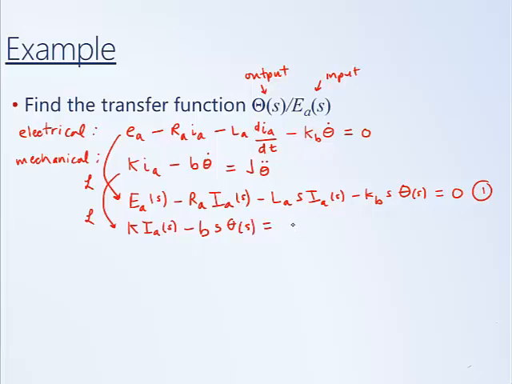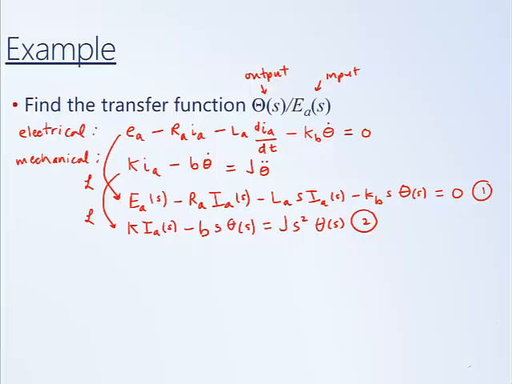And then on the right hand side, J is a constant, and theta double dot, since it's the second derivative, we'll have S squared, one S for each derivative. We'll call this equation number 2. So this was the second step of the process, taking the Laplace transform, assuming 0 initial conditions.